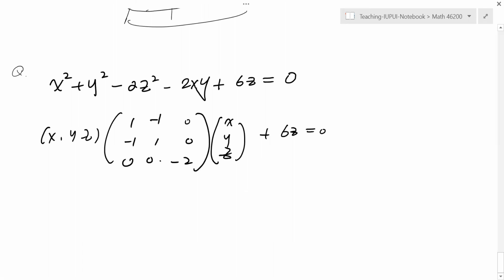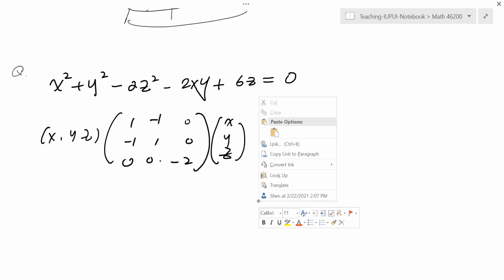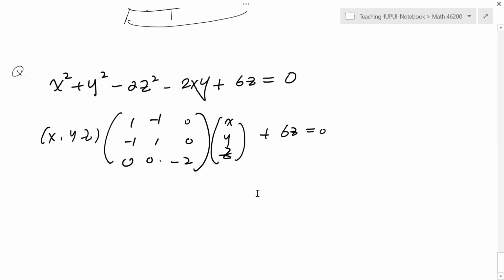You have to make it a diagonal, but that takes too much time to do. Yeah, this requires linear algebra, right? Now, let's see.